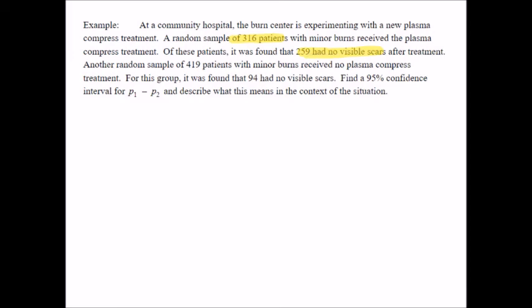That's our X1. 419 would be our sample size of 2, and 94 had no visible scars. So again, here's how you do it on a calculator. Why this is a proportion, it's how many out of a sample. So it's 259 out of 316 compared to 94 out of 419.